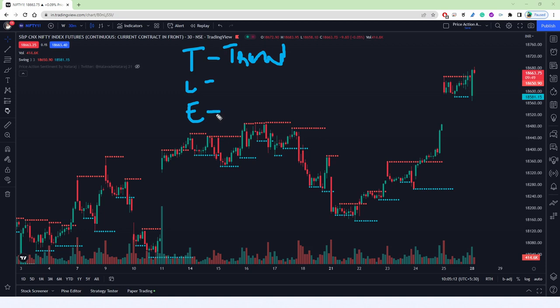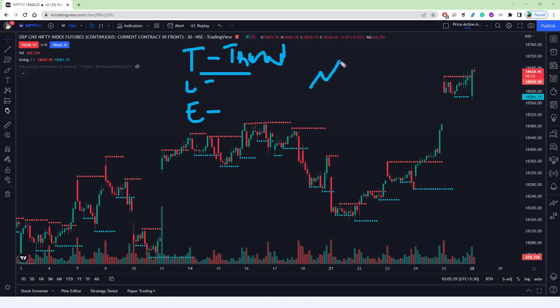T means trend: at the present moment, the first step is to define in which way the market is trying to move, whether in an upward, downward or sideways direction. Once we are clear with the trend, all it takes is to align with the existing trend of the market.